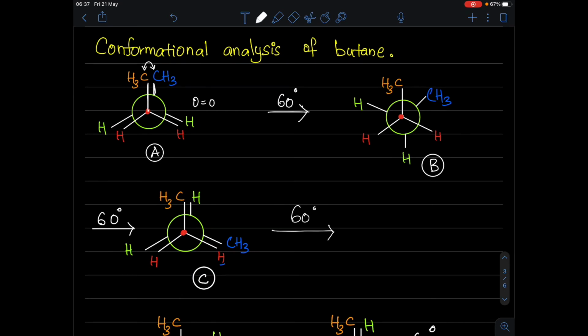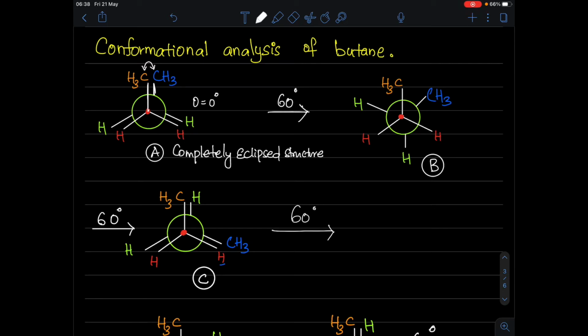In this structure, the two methyl groups are exactly behind each other, and the two hydrogen atoms also are opposing each other. So this structure is called a completely eclipsed structure or totally eclipsed structure. In terms of dihedral angle, the dihedral angle between the two methyl groups is 0 degrees.